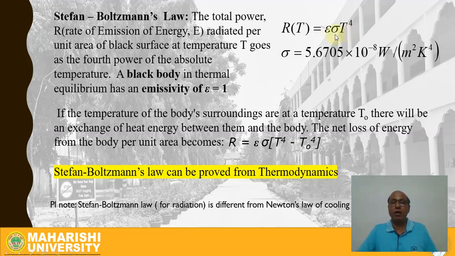And the Boltzmann constant is already given here, and a black body in thermal equilibrium always has an emissivity of epsilon equal to 1.